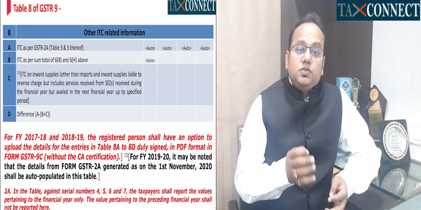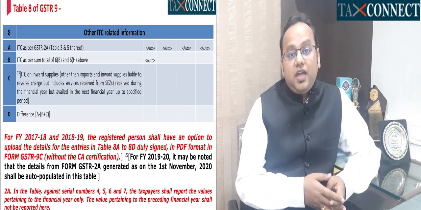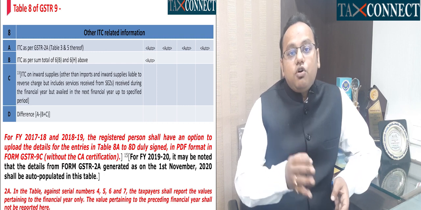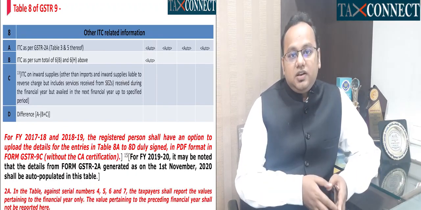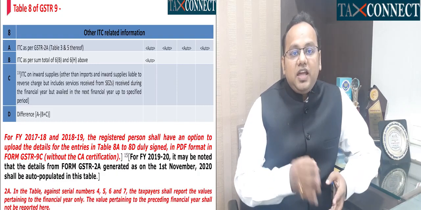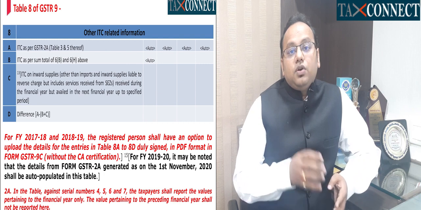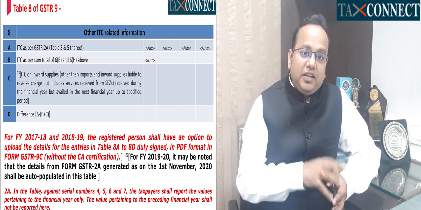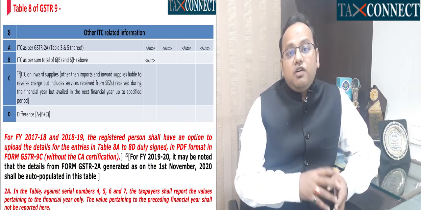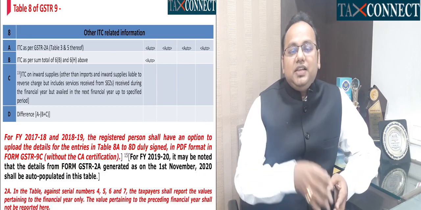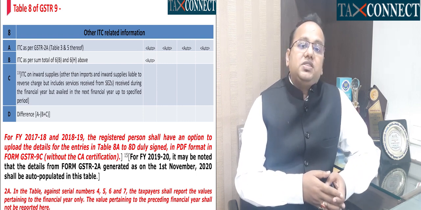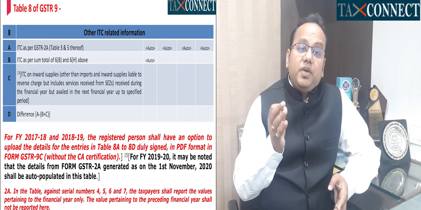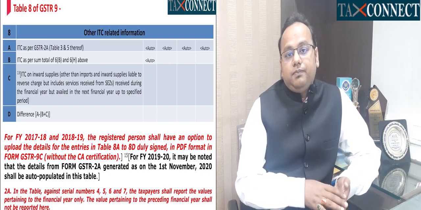Well, friends, it is very clear in instruction number 2A, which is a major change from October 2020, that for table number 4, 5, 6 and 7, only those figures pertaining to the financial year should be reflected, and therefore one needs to cull out all the input tax credit of 2018-19 taken in 3B of 2019-20 and reflect in the column 6B only those input tax credit pertaining to the invoices of 2019-20 or which have been availed in 2019-20 only.